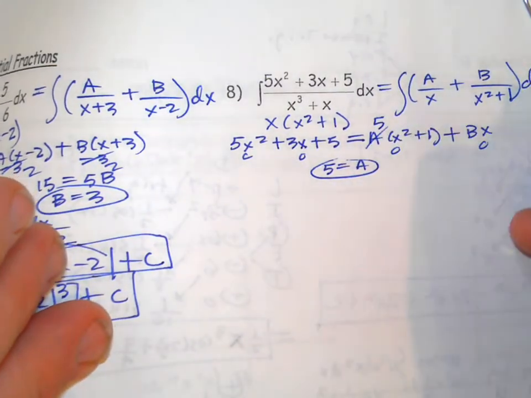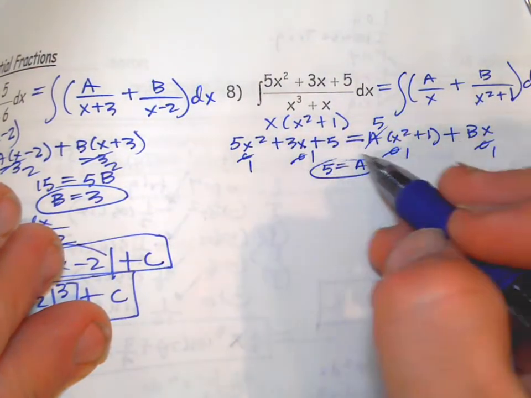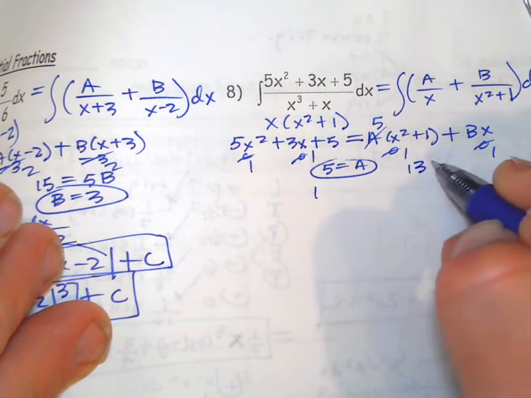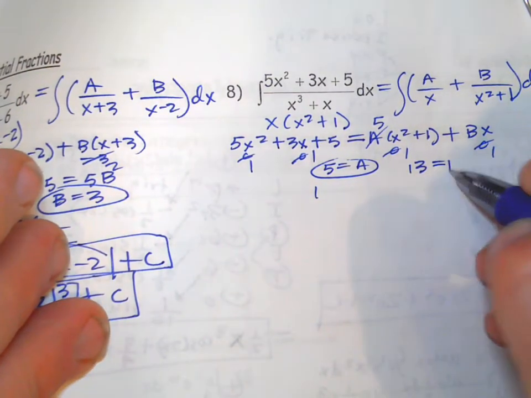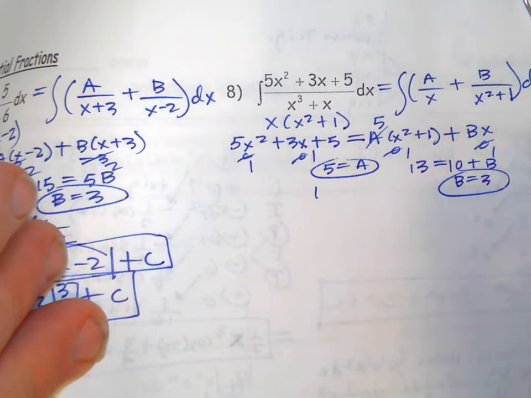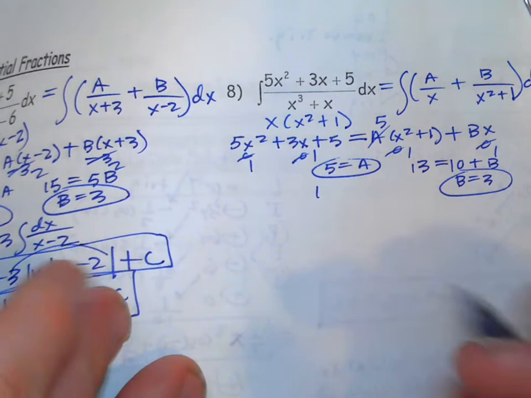Plug 5 in. I'd pick 1 to try and get x. So now that's going to be 5, 5. This is going to be 13 equals 10 plus B. So B equals 3. So sometimes you can't totally get rid of the terms. All right, so we're going to rewrite it, break it up.